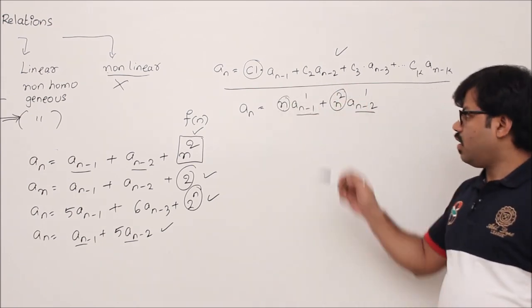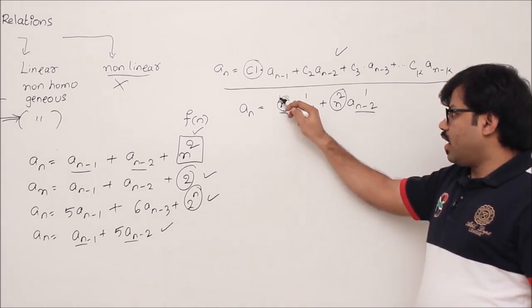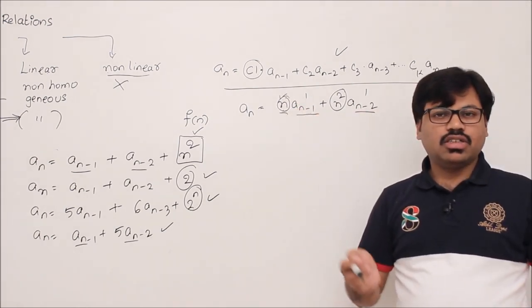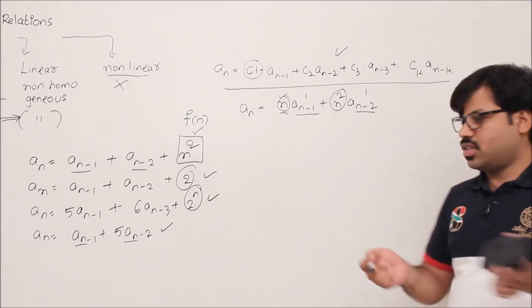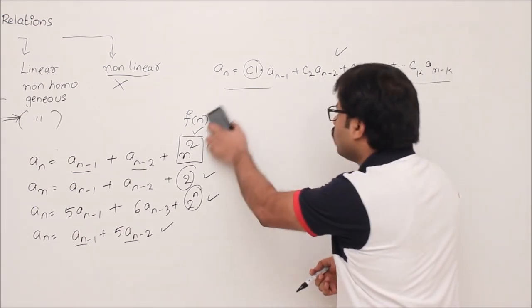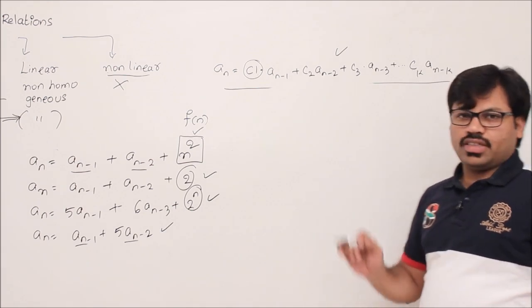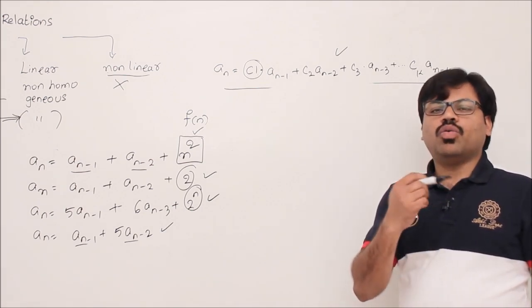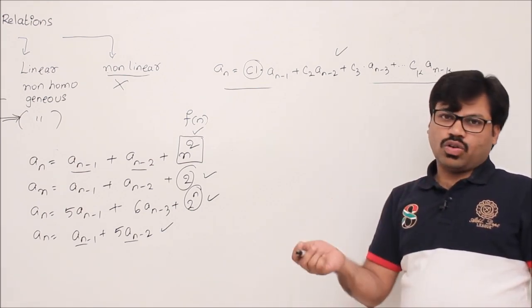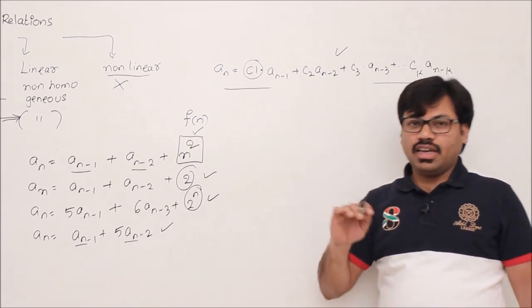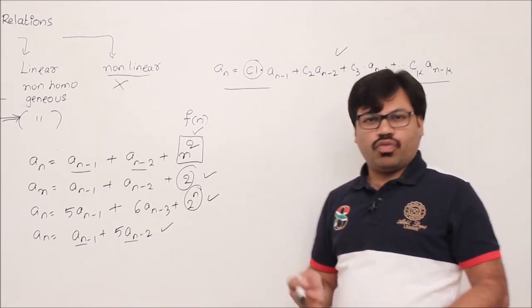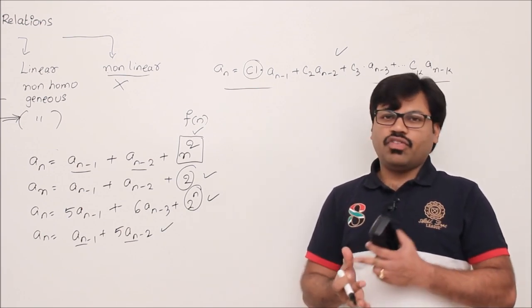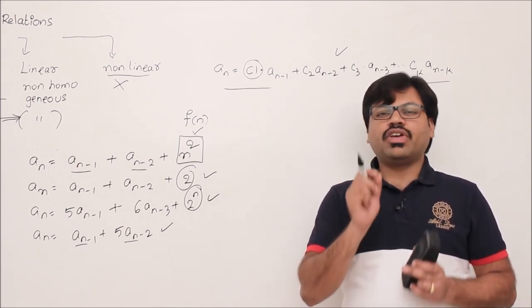So sir, if we have variables like n and n square as coefficients, do we have formulas? We don't have formulas. Even we don't discuss them. So we are going to discuss only two things. One is linear homogeneous with constant coefficients. Second one, linear non-homogeneous with constant coefficients. For them we have solutions, we have specific formulas.